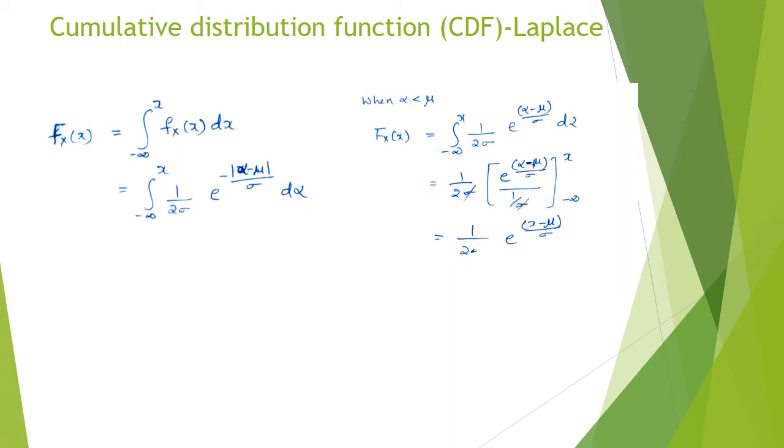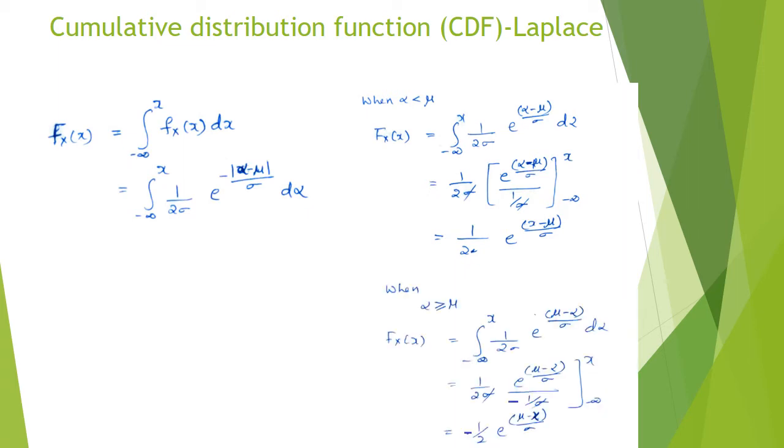So sigma here and sigma here cancel, giving 1 by 2 e raised to x minus mu by sigma. Now when alpha is greater than mu, we have the same expression, but the alpha goes negative, so its coefficient will be minus 1 by sigma. So the entire expression will change to minus 1 by 2 e raised to mu minus x by sigma.